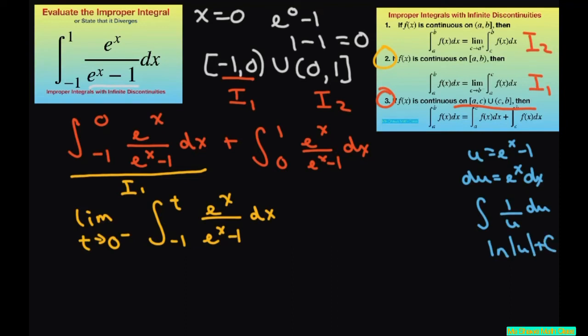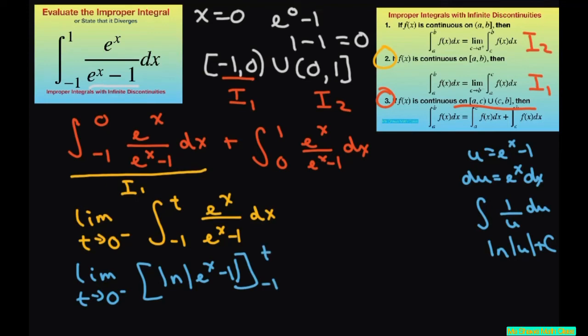So we're going to write this as the limit as t approaches 0 from the left of ln of u, where our u happens to be e to the x minus 1, evaluated from -1 to t.